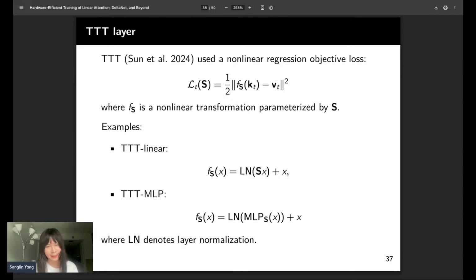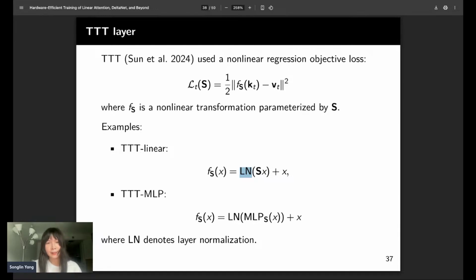For example, in the TTT layer, they have several variants. And this f_W is a nonlinear transformation parameterized by the recurrent hidden state. So this recurrent hidden state is the fast weight of another neural network. And this is also very related to the fast weight programming literature. The first variant is the so-called TTT-Linear, and it is very similar to DeltaNet, except that this output is followed by a layer norm nonlinear function.